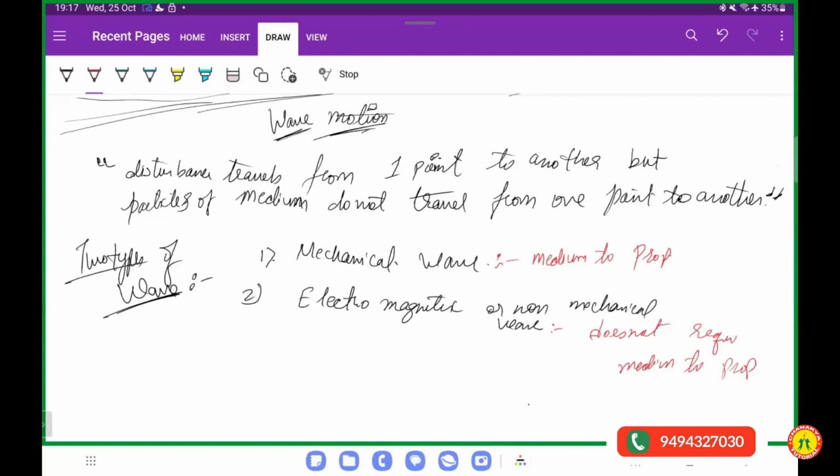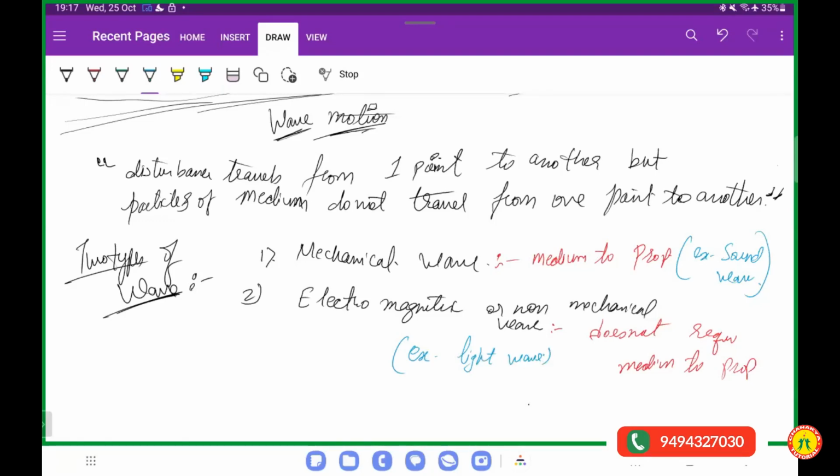So, sound energy will come under mechanical wave. Example, sound wave. Example, light. Light wave in the sense UV rays or X-rays also.